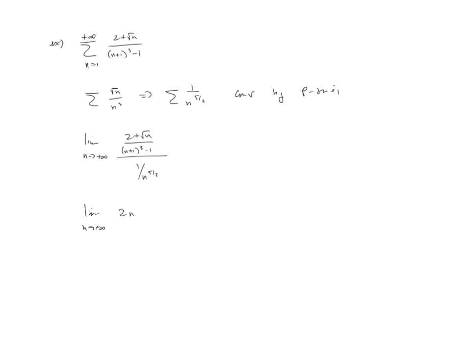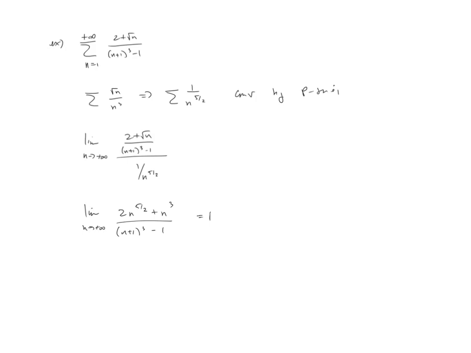This will be 2 times n to the 5 halves plus n cubed over the n plus 1 cubed minus 1. Okay, so now as we look at this limit as it goes to infinity, the dominant part would be n cubed, so really we're just looking at the ratio of leading coefficients, which would in fact equal 1.